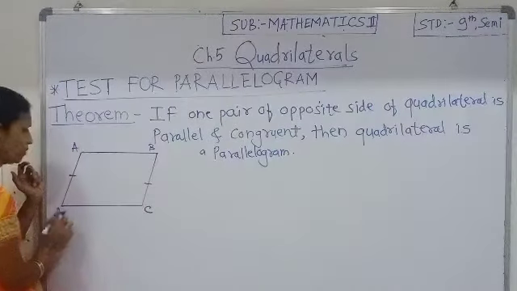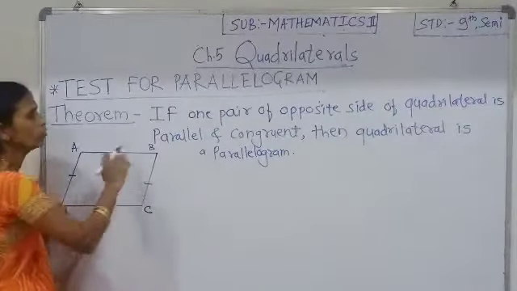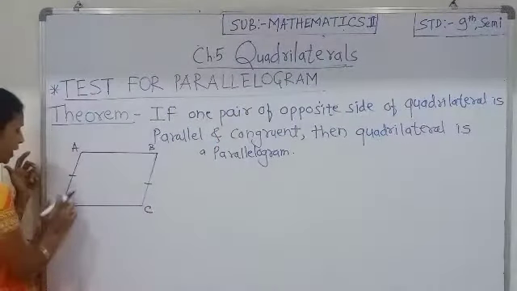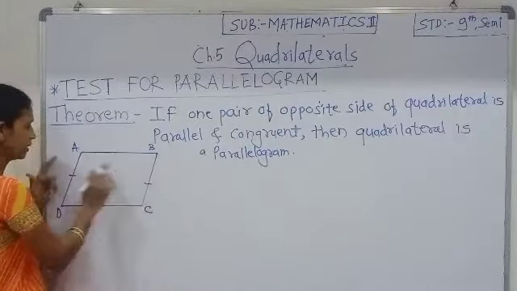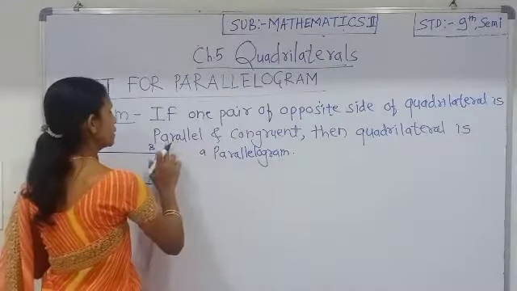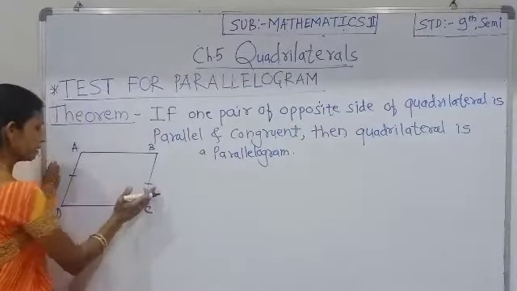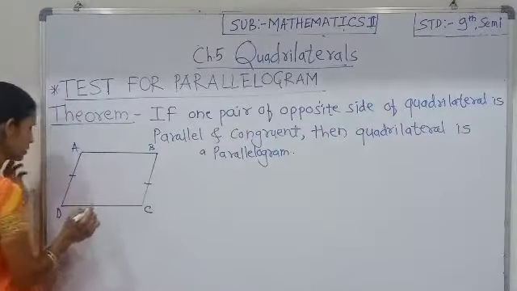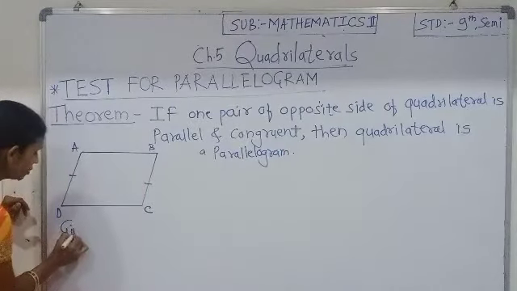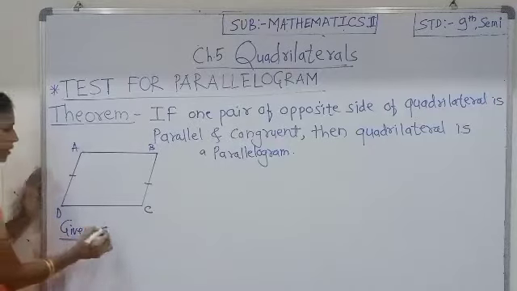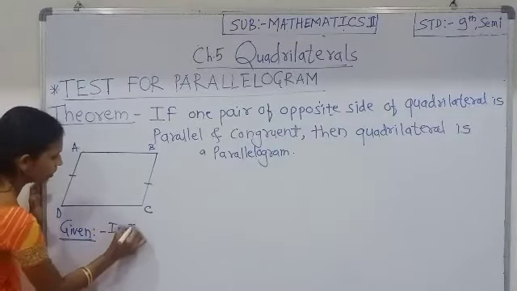The quadrilateral ABCD is given, of which only one pair of opposite sides, AD and BC, is parallel to each other as well as congruent.